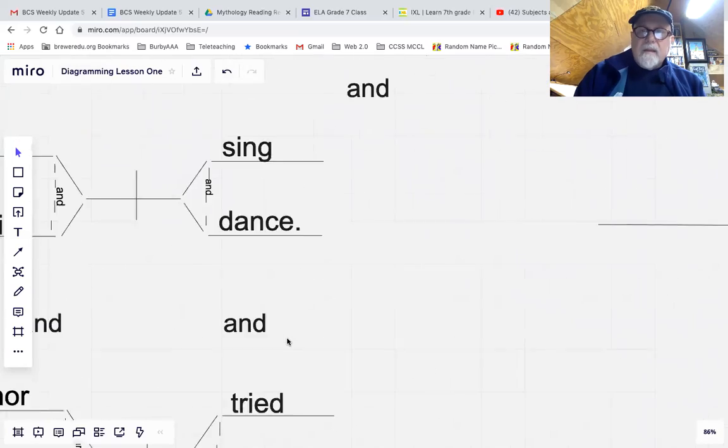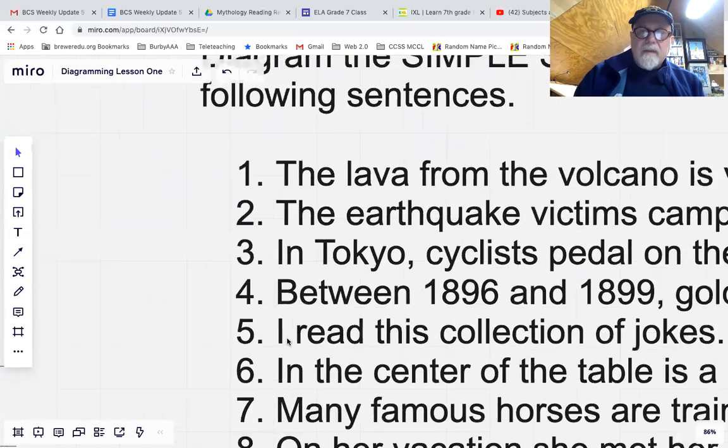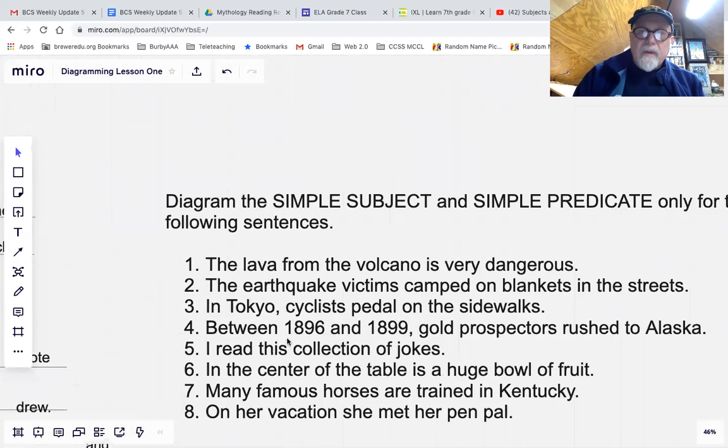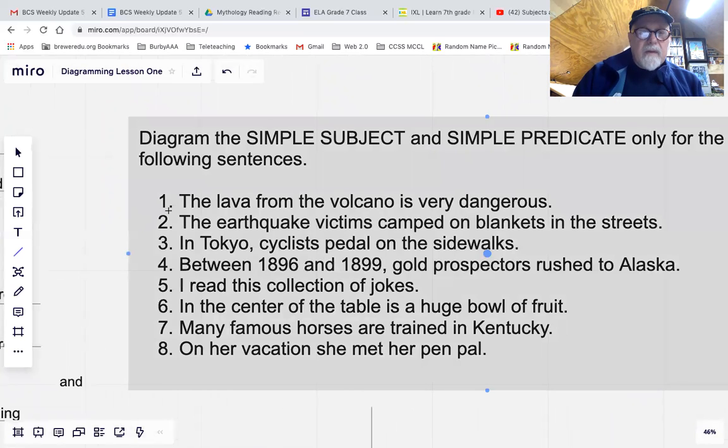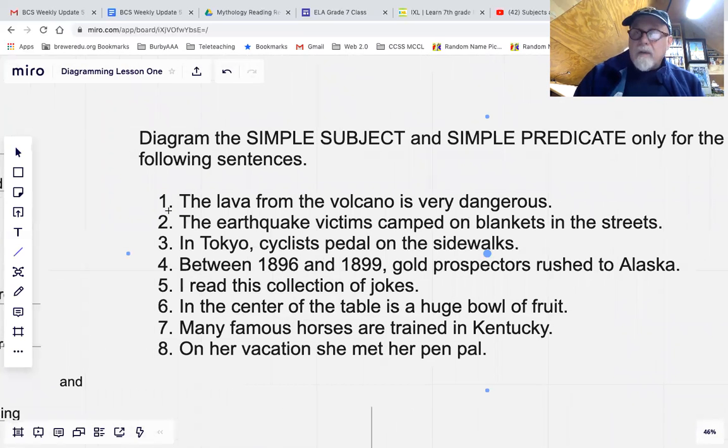Okay. Now we're getting there. I'm just going to do a couple more with you, and that is: the lava from the volcano is very dangerous. Well, the first thing I want to do is draw a dividing line between the subject and the predicate, and I need to figure out what's happening. Well, the only thing that's happening here is 'is,' a form of the verb to be, and it's the most common verb in our language.